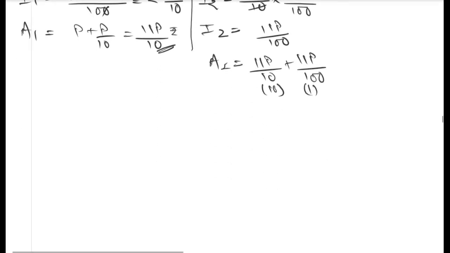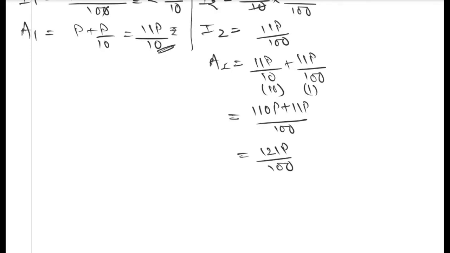So on solving this further, this becomes 110P plus 11P by 100, that is 121P upon 100.